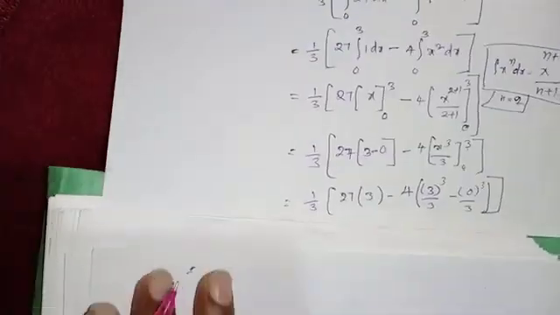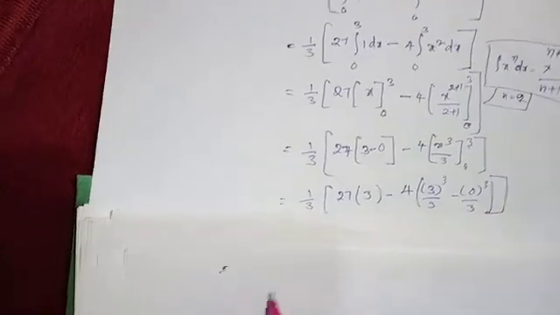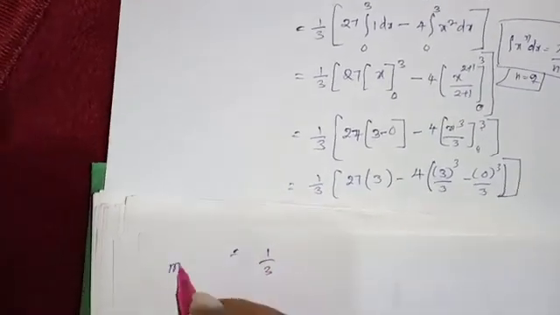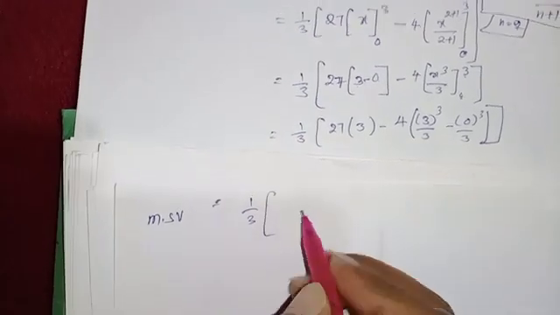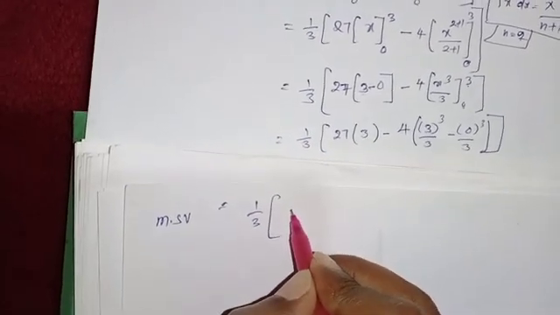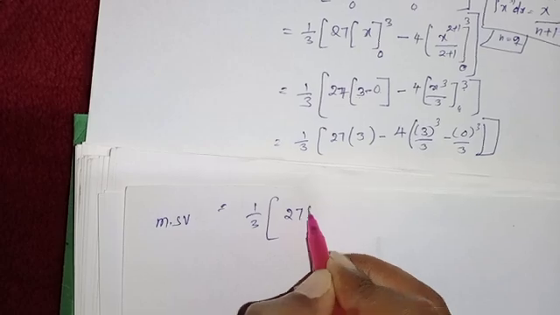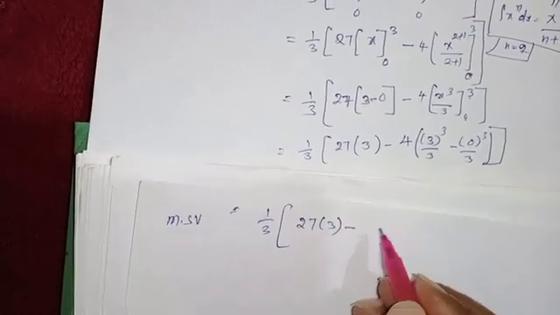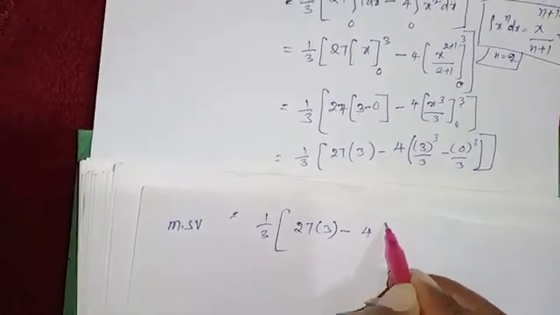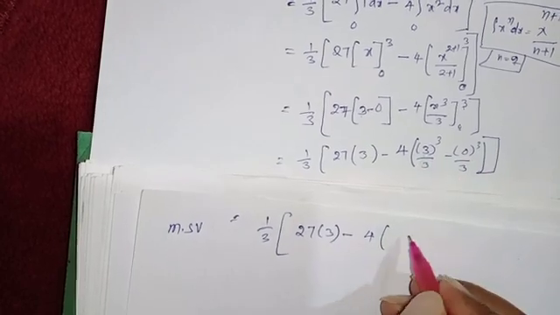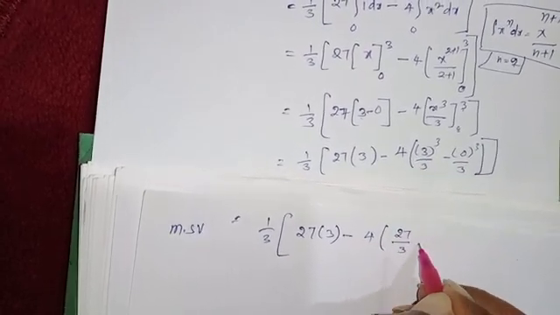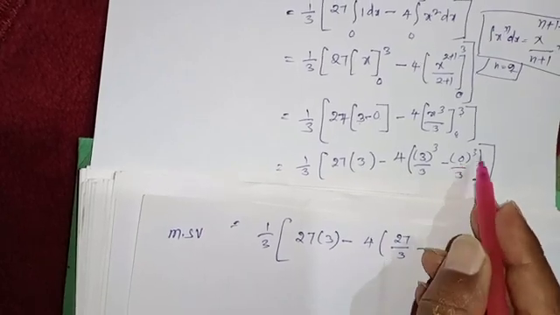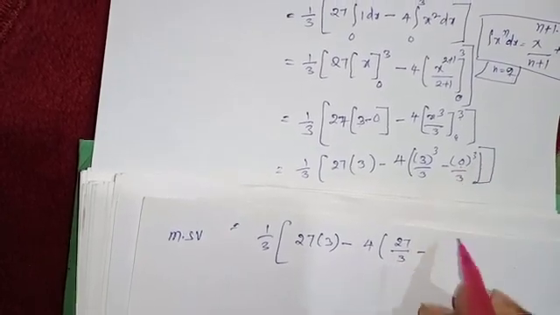MSV is equal to 1 by 3 whole into 27 into 3 minus the next 4 into 3 cube, 3 cube means 27 by 3, minus 0 cube is 0, 0 by 3 it is 0.